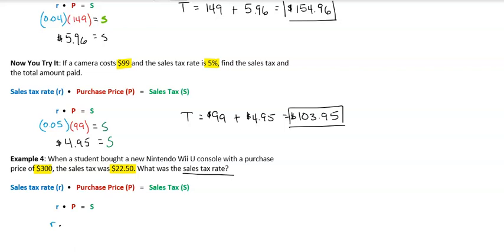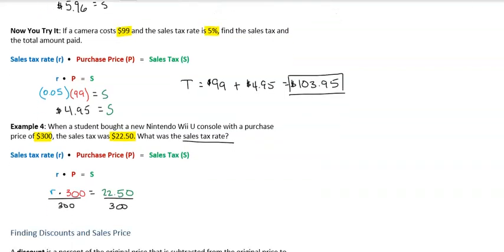So the purchase price is $300, so R times 300 equals S, which is the sales tax, $22.50. You don't have to work with the dollar signs while you do this because it just makes it have more to deal with. We're going to divide both sides by 300.